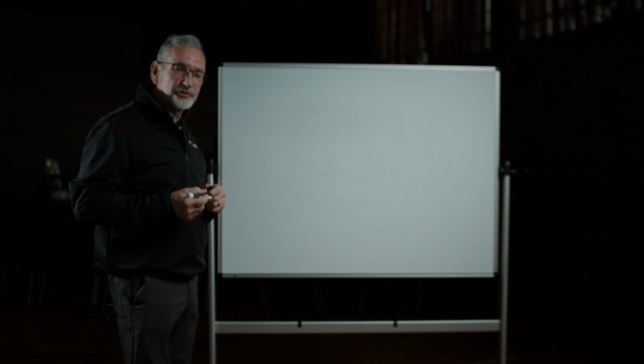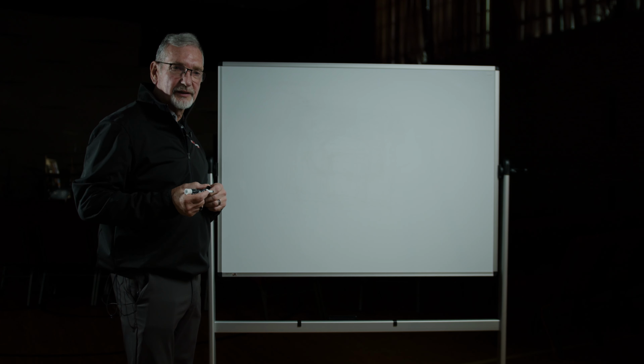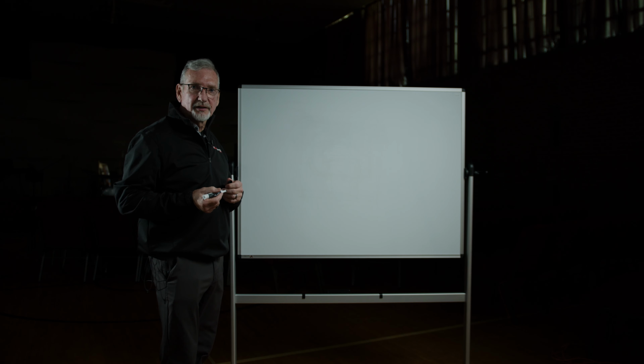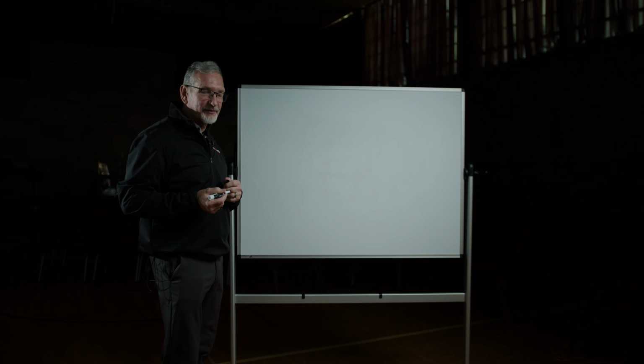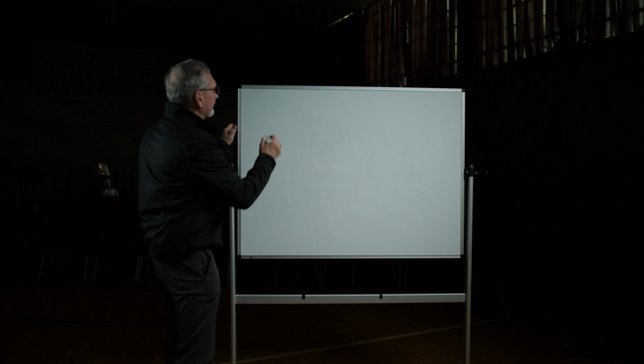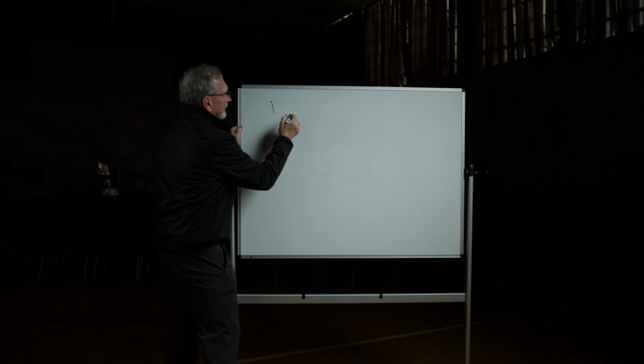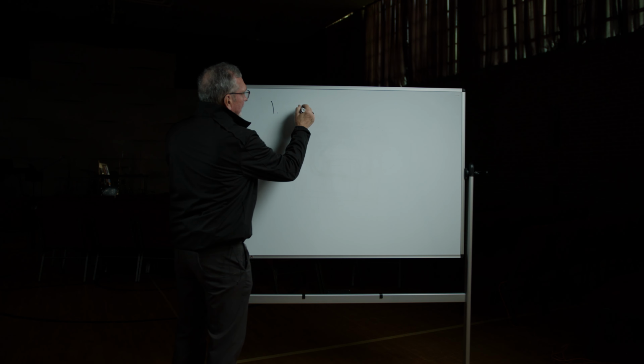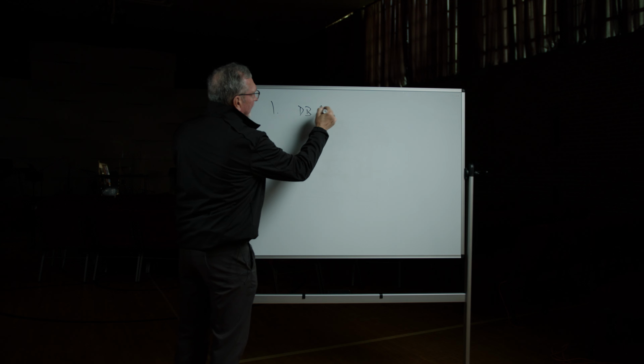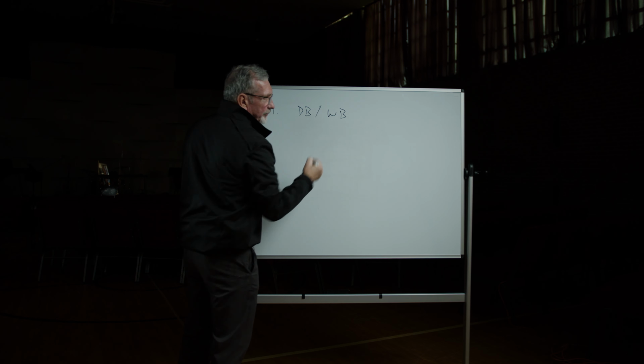We're talking about the traditional drying cycle. This was set in place in 1917 and has not really been changed since. So basically you have step one. You set dry bulb and wet bulb temperature.